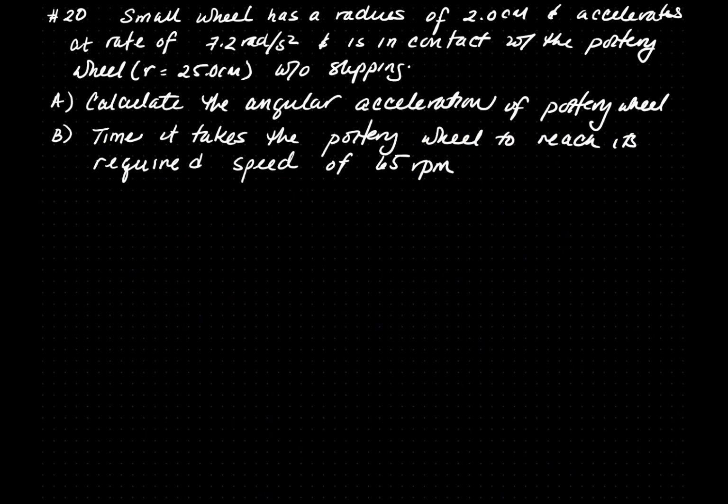This problem is number 20 in your textbook. A small wheel has a radius of 2 centimeters and accelerates at a rate of 7.2 rads per second squared and is in contact with the pottery wheel, which has a radius of 25 centimeters, without slipping. Since there is no slipping, the tangential acceleration has to be the same for the large and the small wheel.